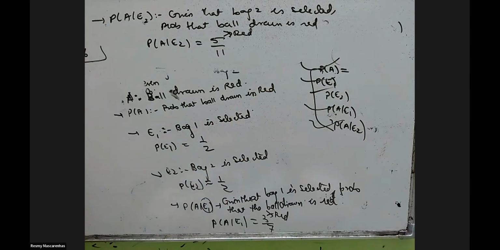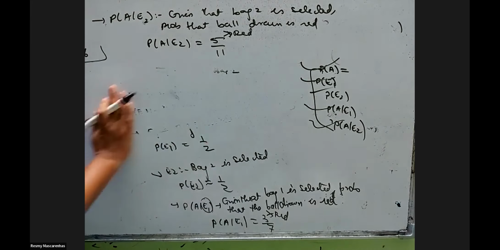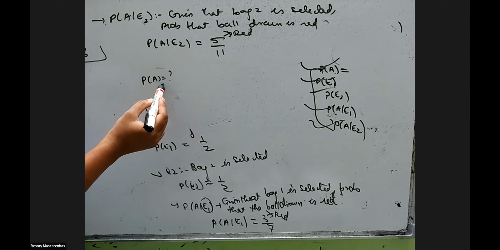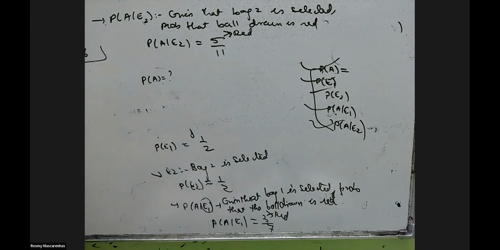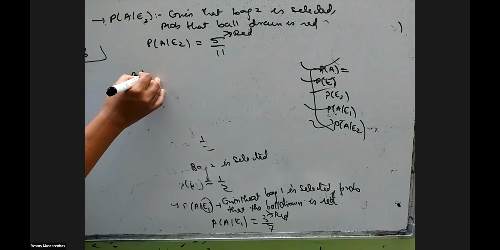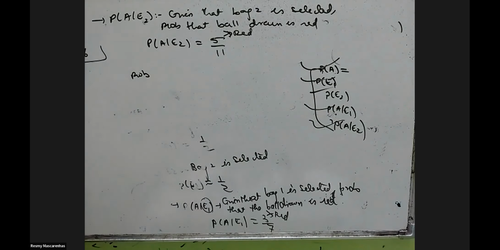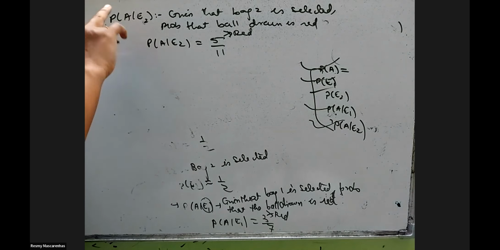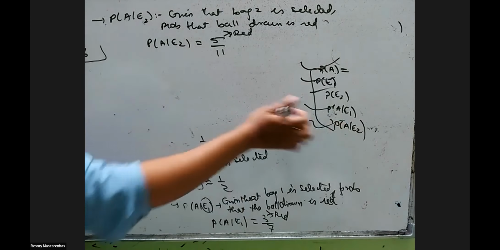Now check. If I wanted to find P of A, that is, if it was asked what is the probability that the ball drawn is red, I would use the total theorem of probability, like I told you. But now the reverse has been asked. Remember, it will always be the reverse of one of these.